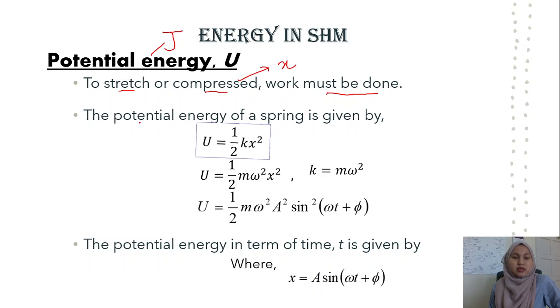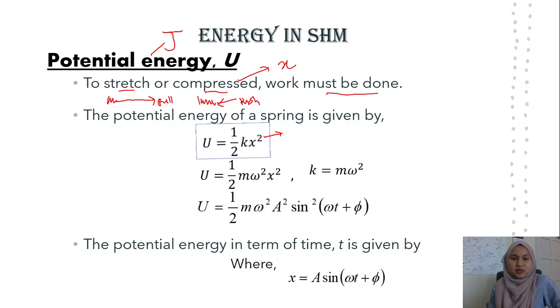From here we can find the potential energy of a spring, given by U equals half k x squared, where k is the spring constant and x is the displacement of the spring, whether it is stretched or compressed. Stretch means you pull the spring, and compress, as I explained in the previous video, means you push the spring.